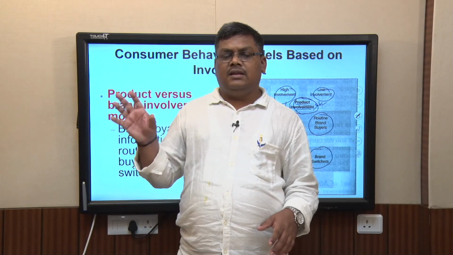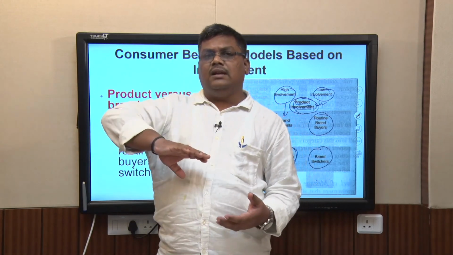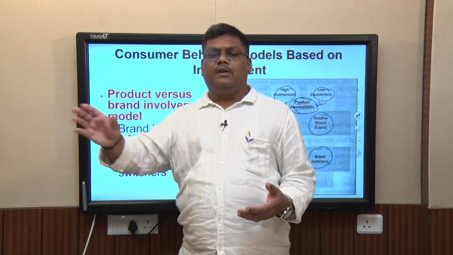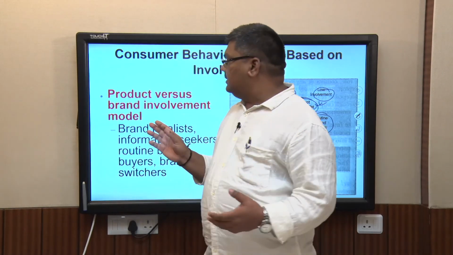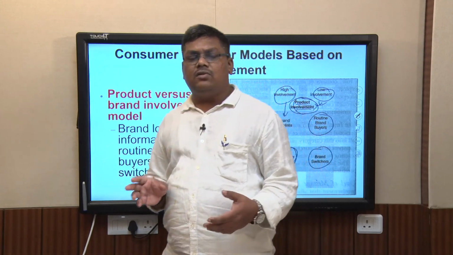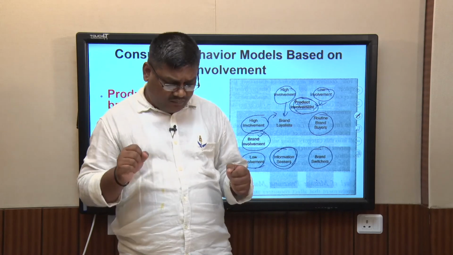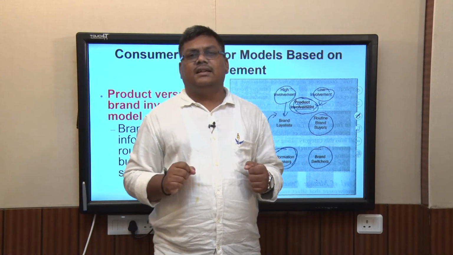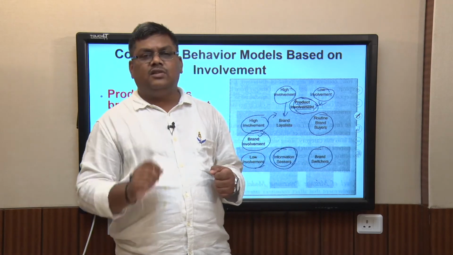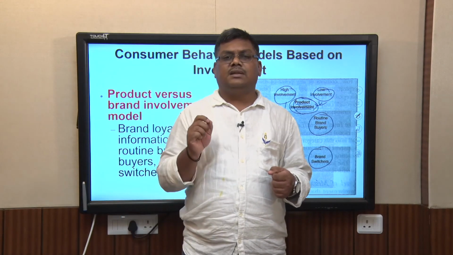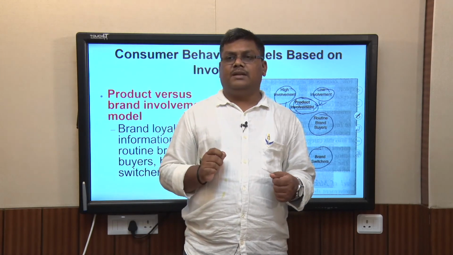We have the learn, feel, do model, which depends on how thinking versus feeling you are about a particular product, and how involved or less involved you are. This is the brand versus product involvement model that you can show, and then we have the low involvement learning model. So what we did in this lecture is look at what emotion is and how emotion affects consumer decision processes, consumer actions in the marketplace, and marketer actions in the marketplace.